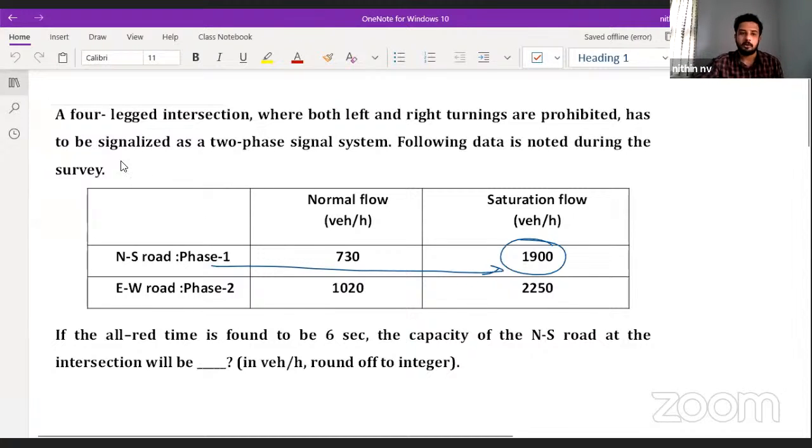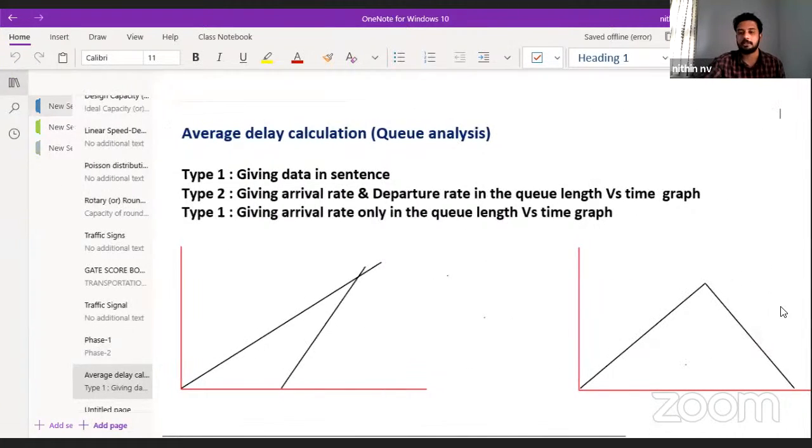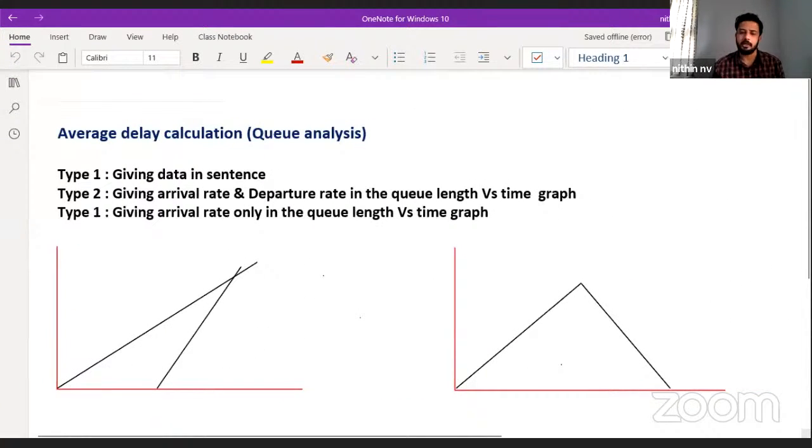Okay, now in case they are giving it in terms of graphs like this, you might have already noticed such graphs in previous GATE papers. There are two ways of graphs they can give for the calculation of average delay. You can also put it under the heading of queue analysis. So type 1 is, as we have already seen, giving the data in terms of sentences, then we can calculate.